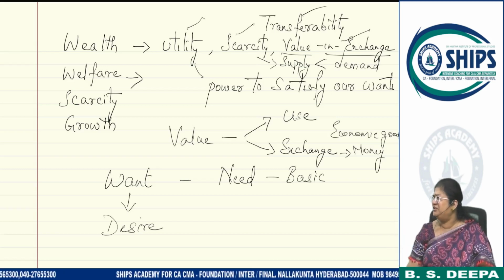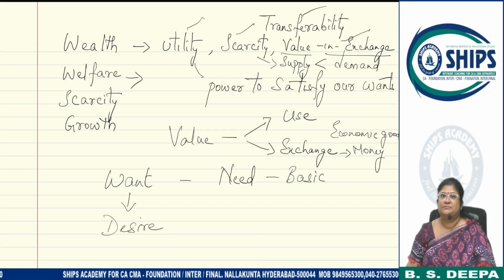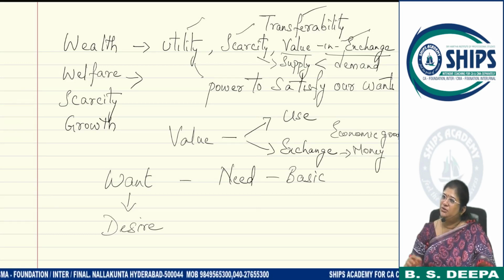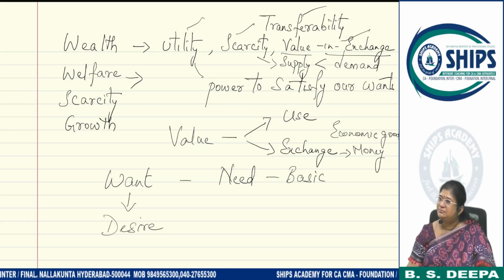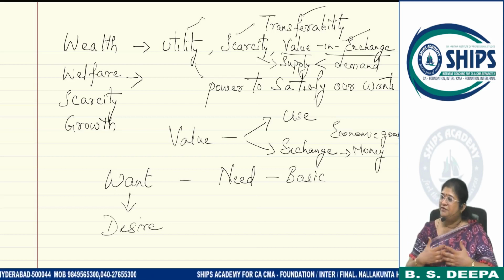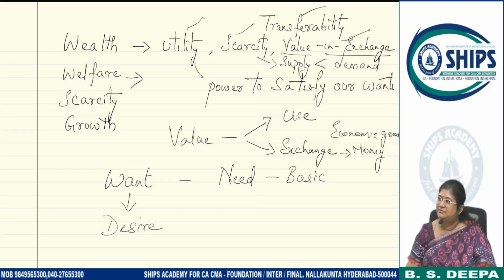So many times we have learned this. What is welfare? Very simple. In other words, well-being. I'm looking after my welfare, I'm looking after my well-being. What do you mean by that?